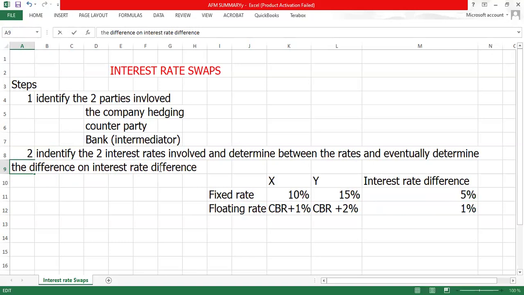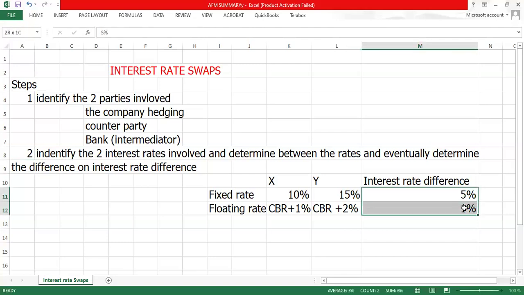So what does that one mean exactly? It basically means that once you have these differences, go ahead and determine the difference. Like what is the difference between this and this?